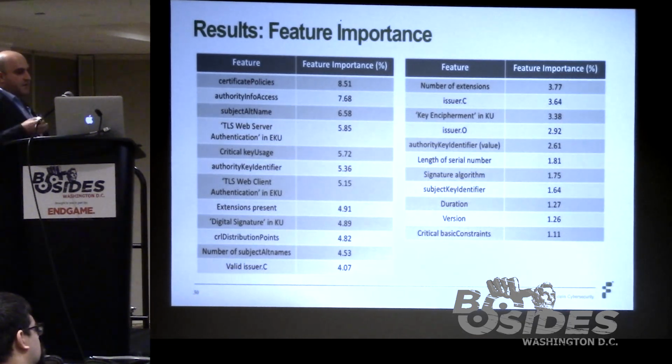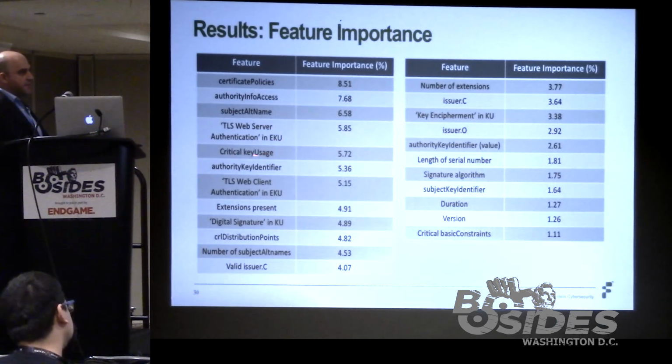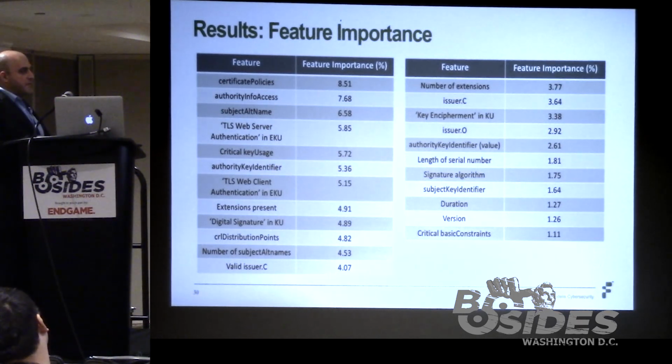Subject alt names, like different names for a website and so on. This is TLS web server authentication and extended key usage. Critical key usage, meaning if the key usage is critical or not. Authority key identifier, this is an ID for the certificate authority, and etc.